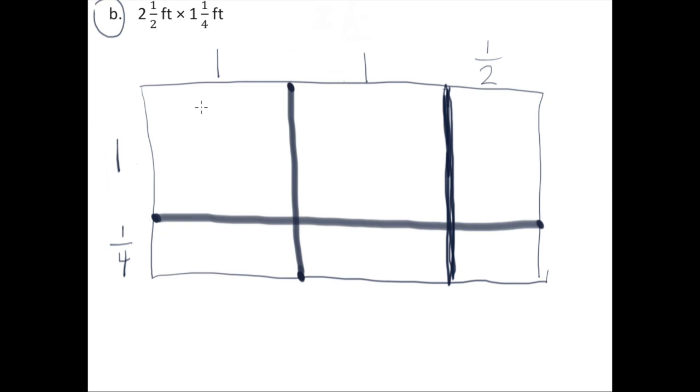So now I want you to think about, what are these mixed numbers actually equal to? Well, within 1 whole, how many halves do we have? Within 1 whole, we find 2/2.